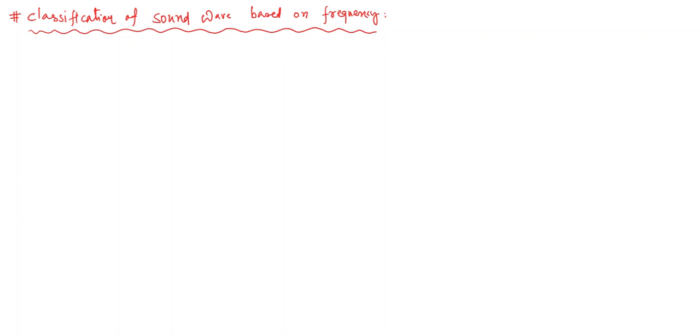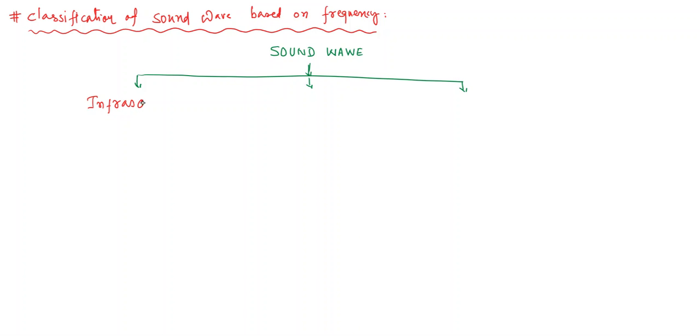So write like this: sound waves. There are three types of sound waves. The first one is known as infrasonic or infrasound.